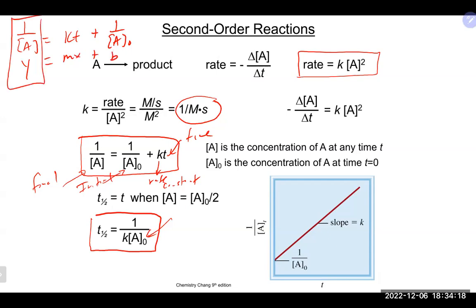Here we would graph 1 over the concentration of A on the y, and on the x would be time, which will actually give us a positive slope line here. And in this case, the slope of it will equal K. So this is why it's important to understand the units associated with K, because if it is second order, you would want to use the second order rate laws here rather than the first order.